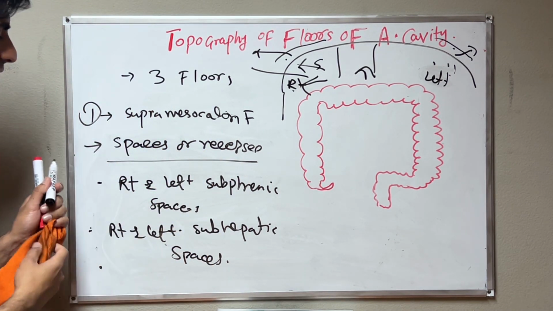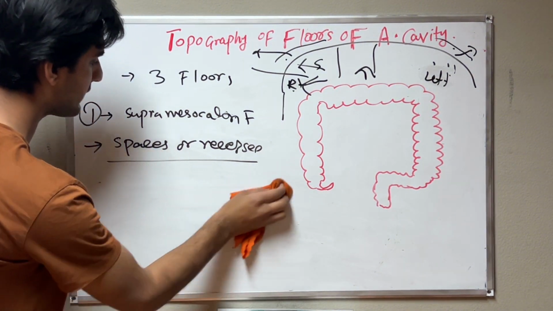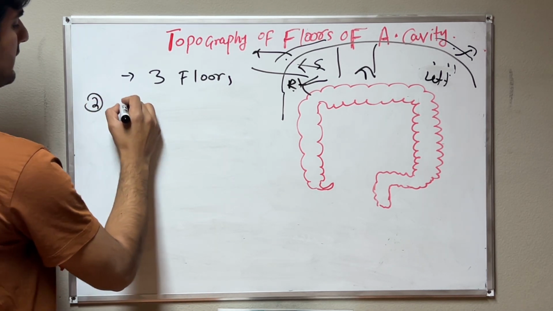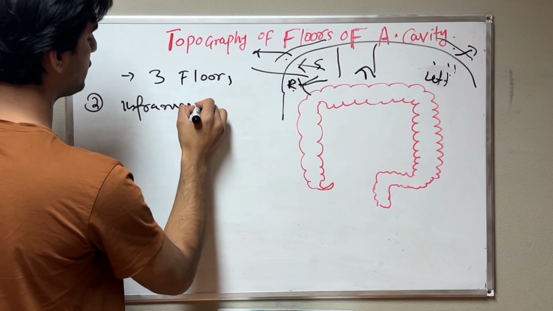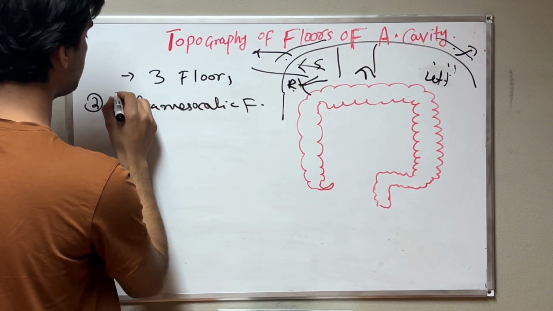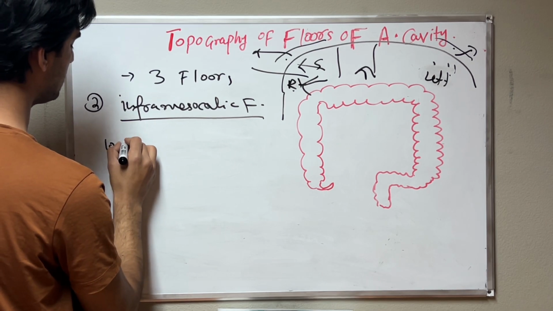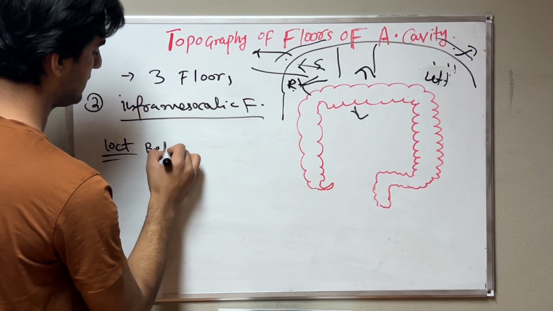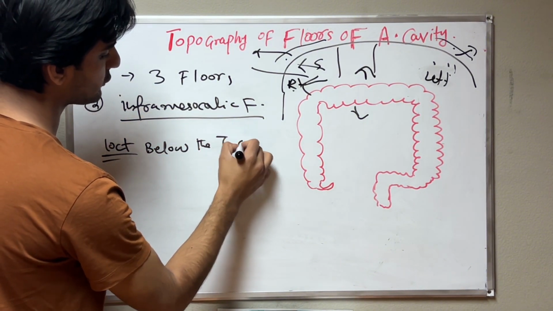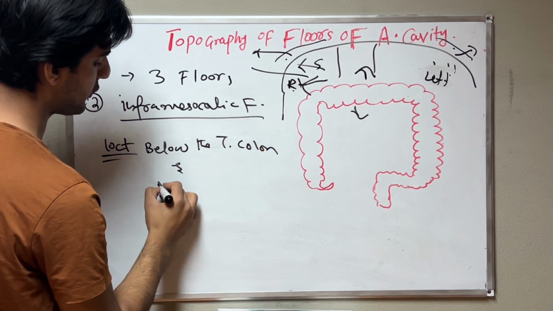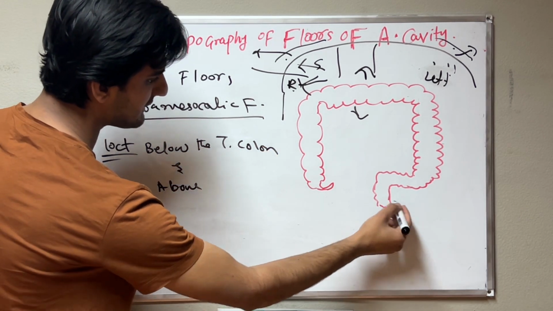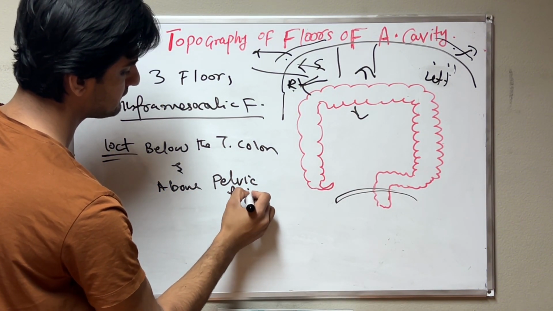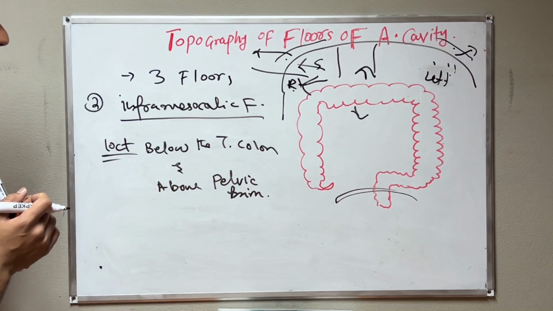Then we have the second floor, the inframesocolic floor. The inframesocolic floor is located below the transverse colon, and here we have the pelvic area, above the pelvic brim. Okay, this is the second floor of the abdominal cavity.